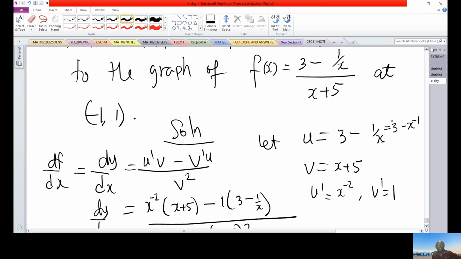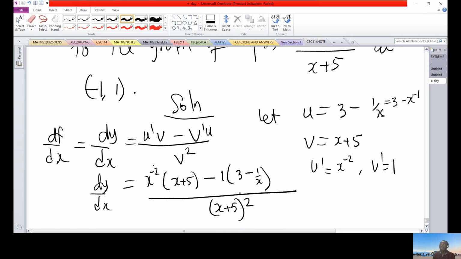So u prime, when you differentiate this function, you get minus minus, which is positive, so x raised to minus 2. Differentiate v, you get 1. So we get x raised to minus 2 into x plus 5, that is v, minus v prime 1 into u, which is 3 minus 1 over x, and then divided by x plus 5, squared.